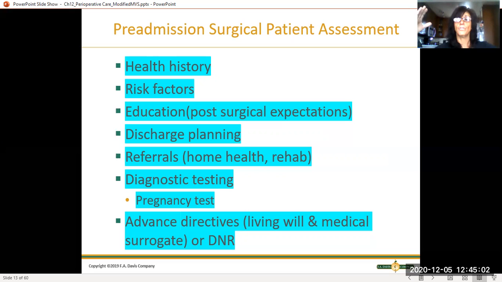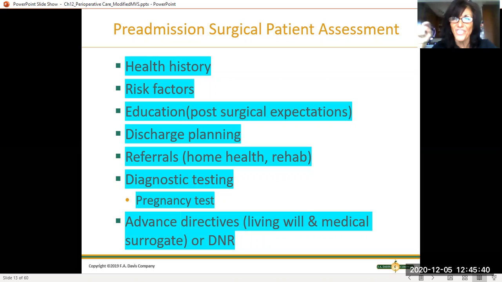Advanced directives is an umbrella term that covers two things. It covers the living will, which is a document that in writing specifies, in the event that there's an end of life or terminal issue, or could be, do you want things like mechanical ventilation? You want to be put on a vent. Do you want artificial feeding? You want a tube to give you feeding, right? That's the living will. And then the medical surrogate is the other part of it. Medical surrogate, also known as healthcare surrogate, also known as durable medical power of attorney.